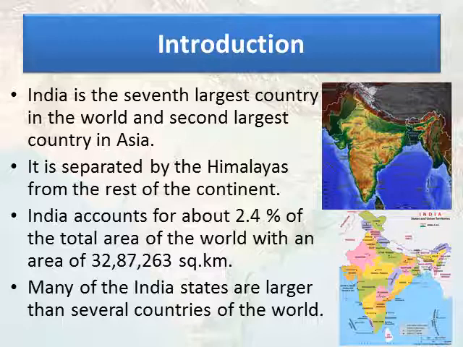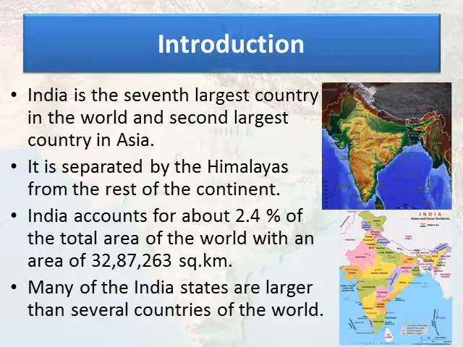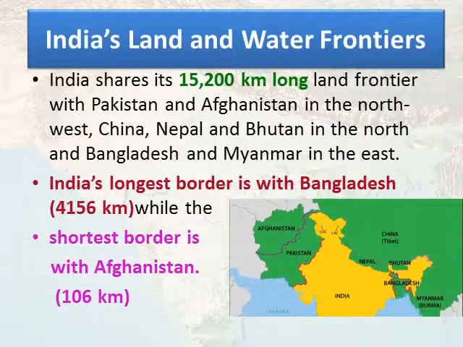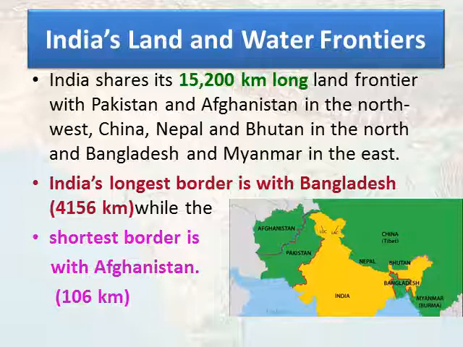Dear children, many of the Indian states are larger than several countries of the world. You can find many states bigger than some of the countries in the world. For example, countries like Hungary, Denmark, Croatia, Czech Republic and so on are smaller than Indian states.